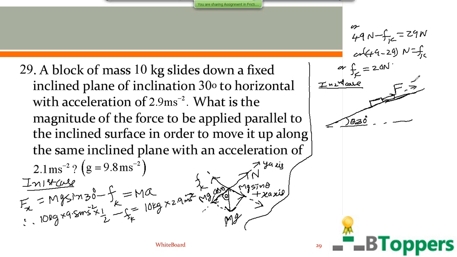You can choose the direction of the motion as x-axis up along the inclined plane. The weight mg of the block acts vertically downwards. The normal reaction force of the block by the inclined surface acts perpendicular to the inclined surface and directed away from the inclined surface.